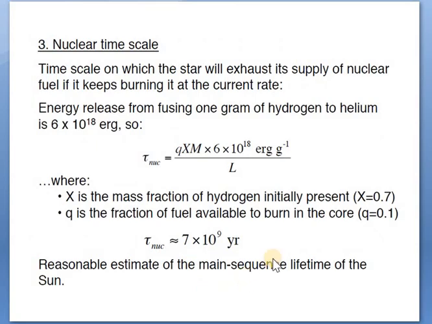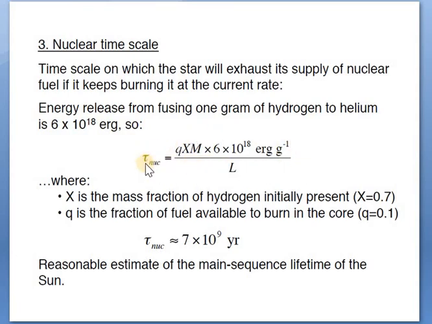Fine. Now let me talk about the nuclear time scale, which is basically the time scale on which the star will exhaust its supply of nuclear fuel if it keeps burning at the same current rate. For this we have to calculate the energy release from fusing 1 gram of hydrogen to helium, which is approximately 6 × 10^18 erg.